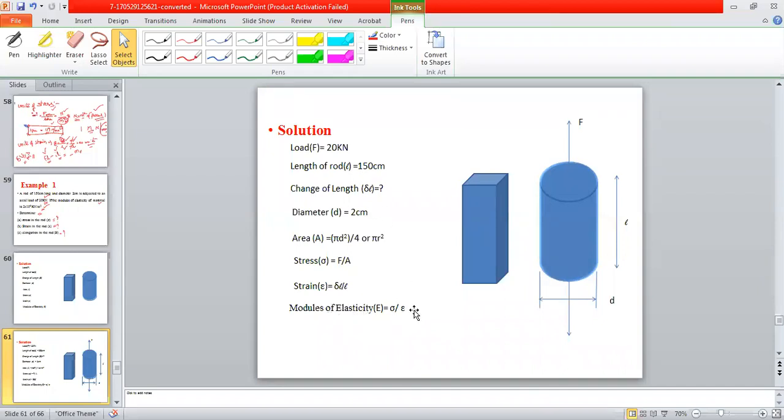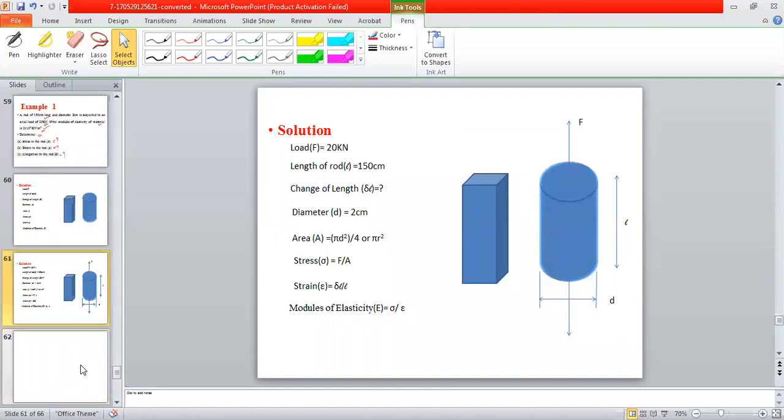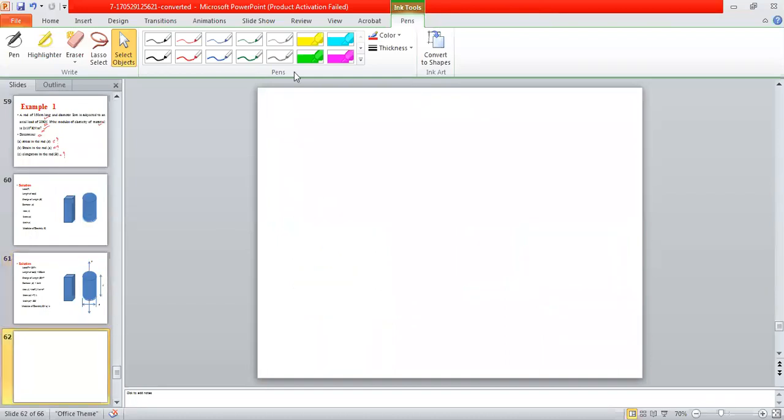Young's modulus is also given data in our problem. So how to find the stress in a component? To find the stress in a component, we need to use the formula force by area.